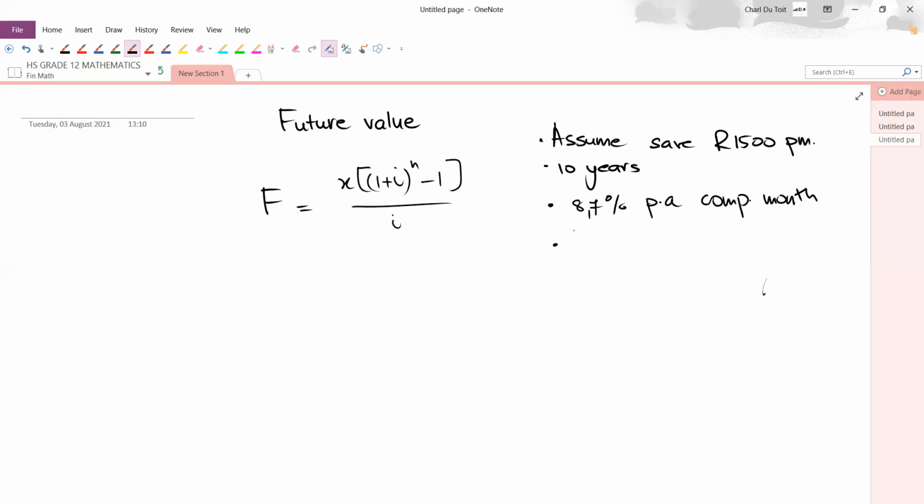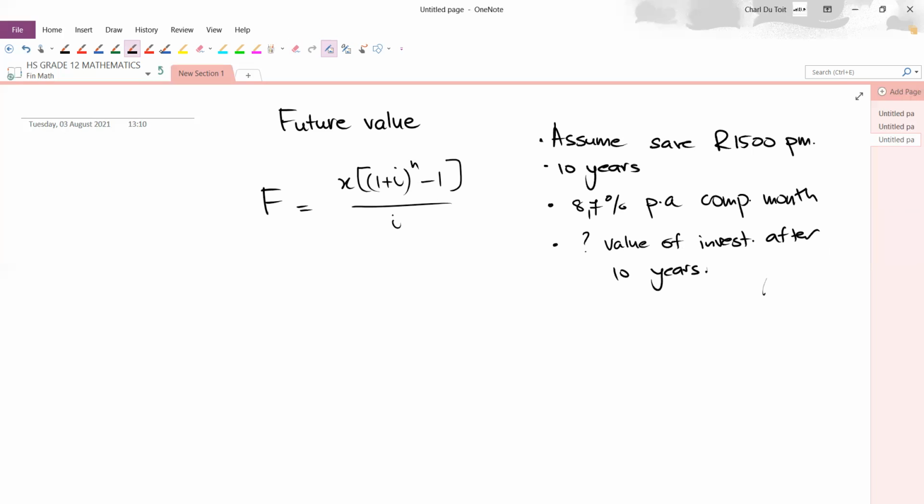And what else? Nah, that's all we need. Right, the question: what is the value of our investment after 10 years? Okay. We planned to do it for 10 years.